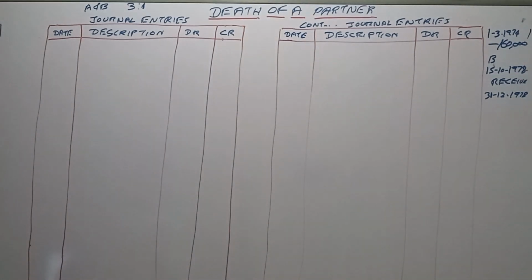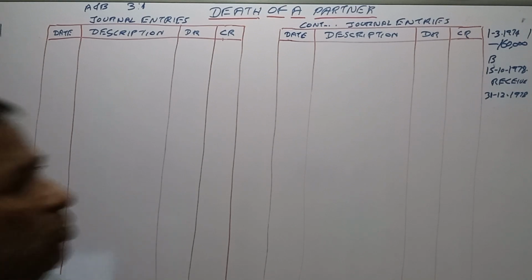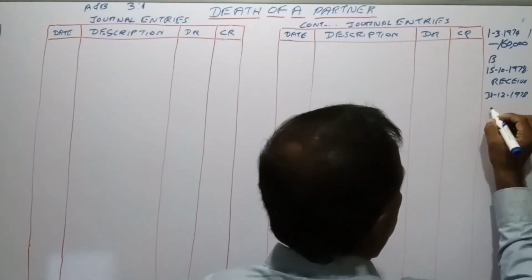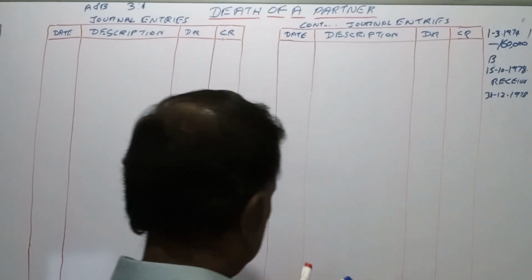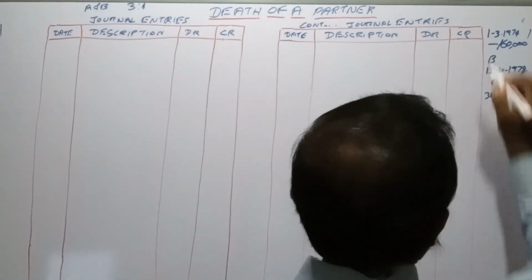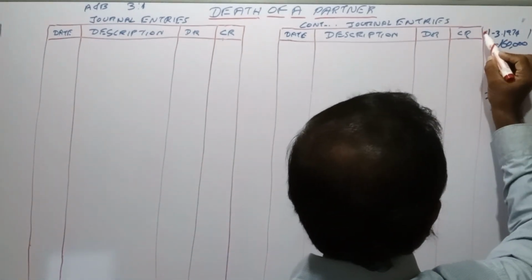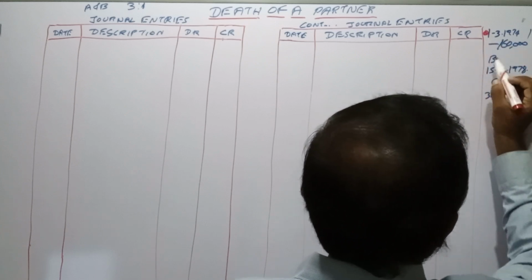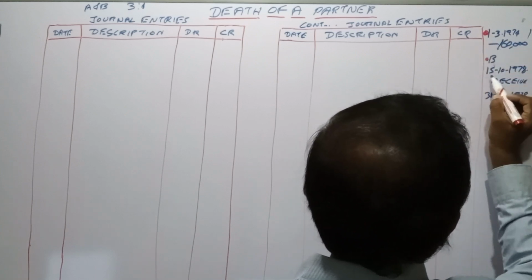The books are closed on 31st December every year, right? These are the facts. Another fact: B passed away.